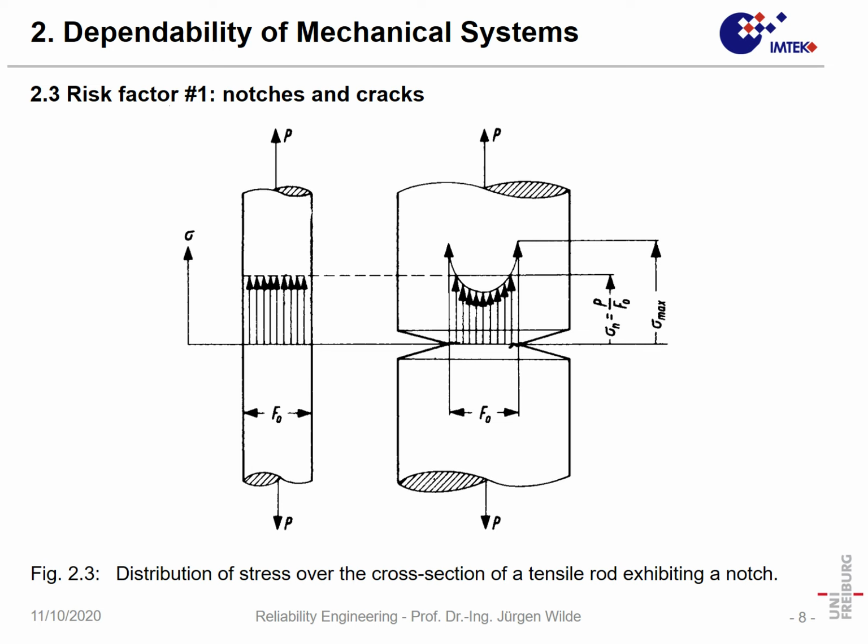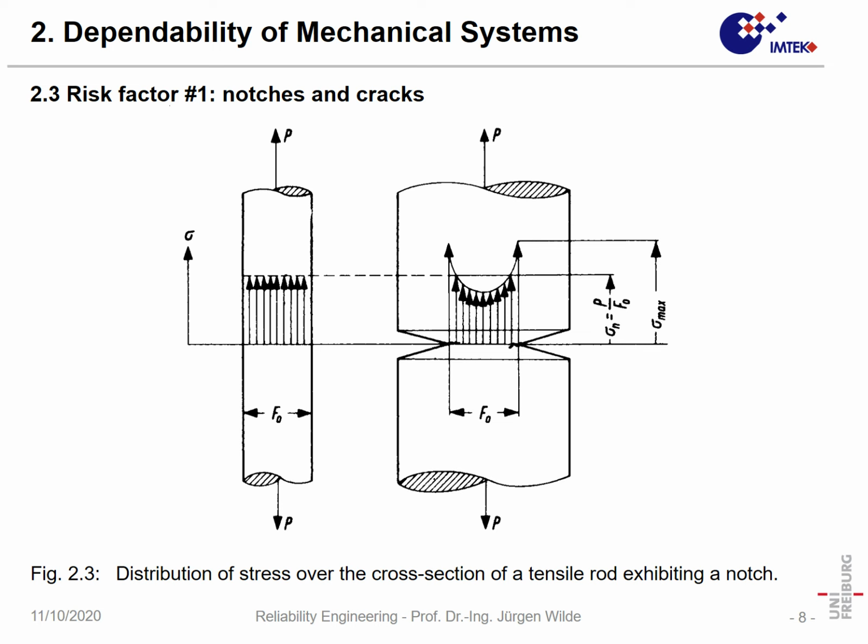Second factor which is important is the question of notches or cracks. So that means at the tip of a notch or at the tip of the crack, the stress is increased.